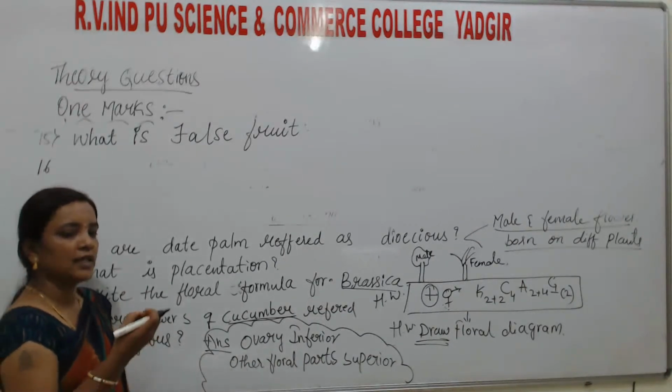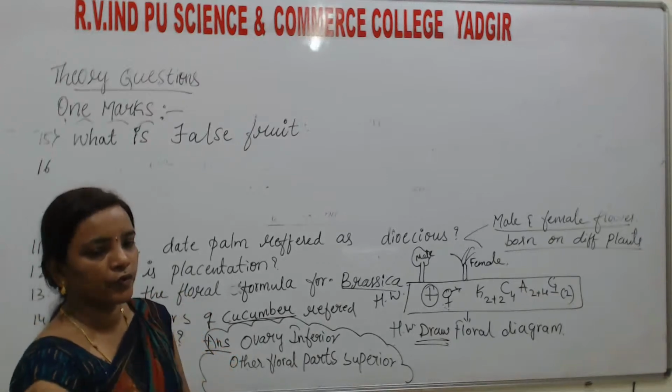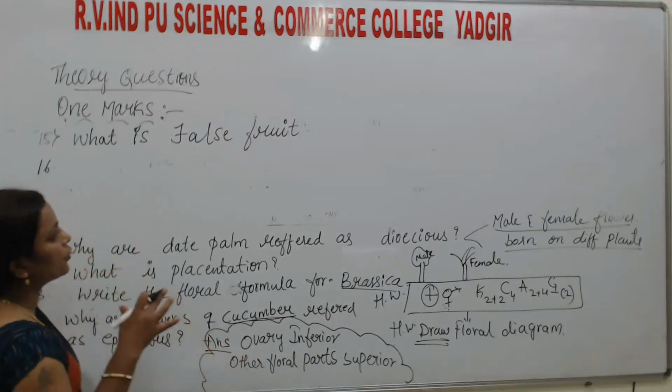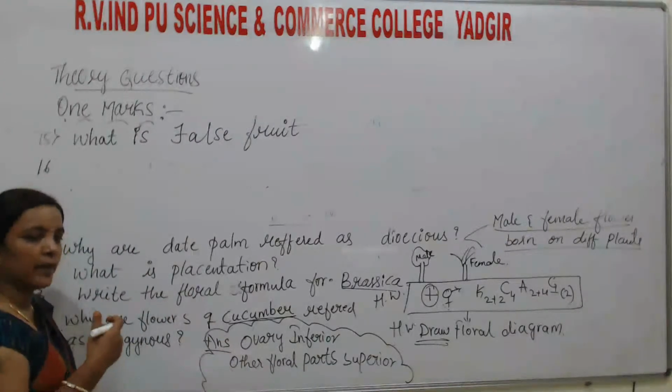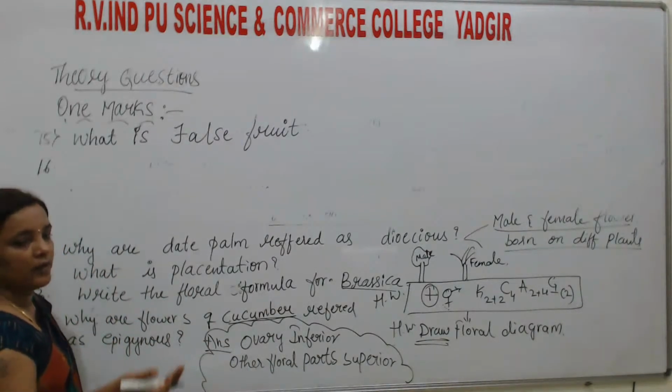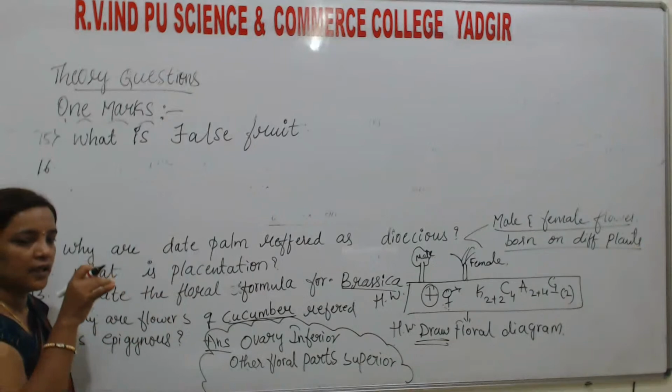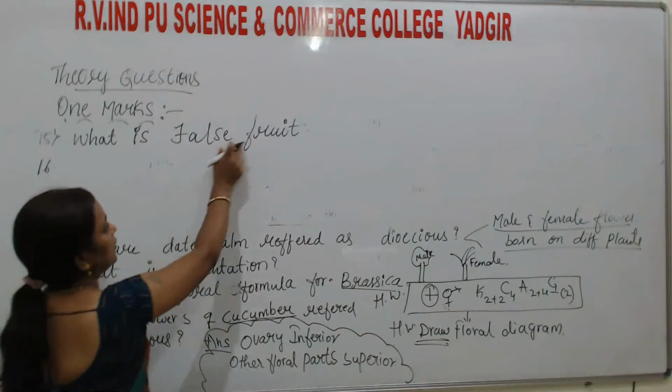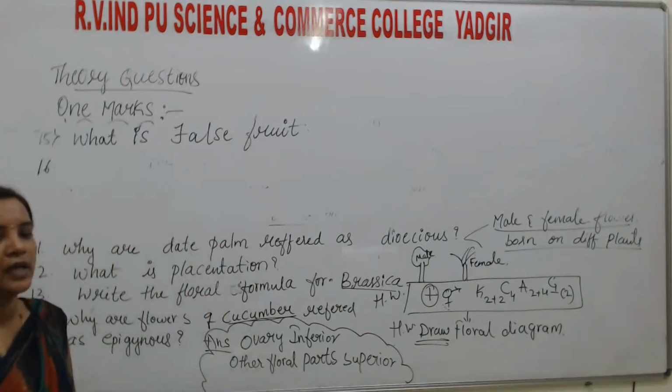If the fruit arises from the ovary, it is a true fruit. If the fruit is produced from parts other than the ovary, meaning other floral parts take a role in forming the fruit, hence it is called false fruit.